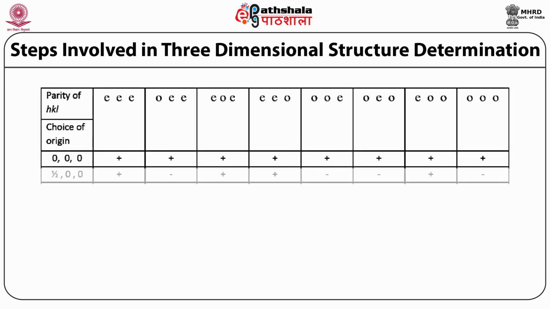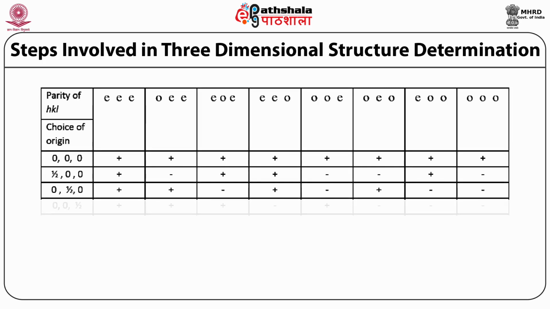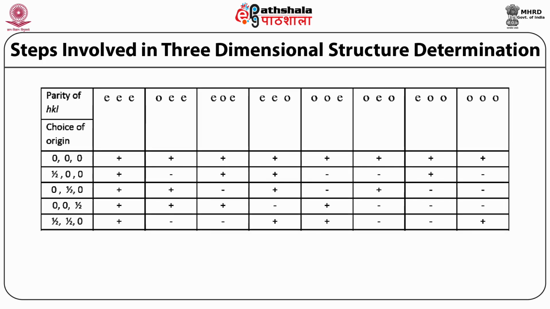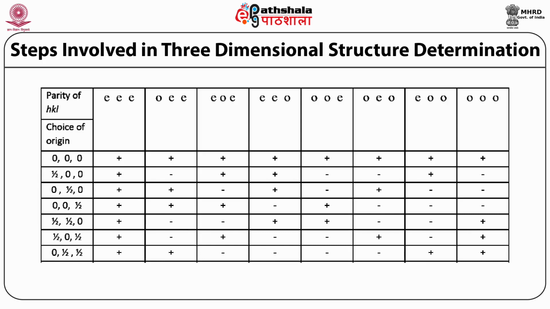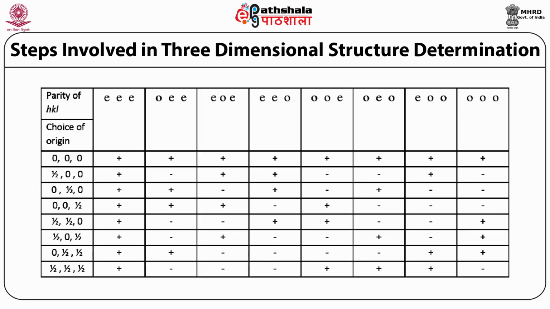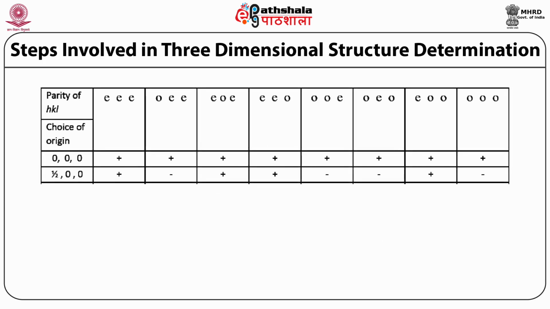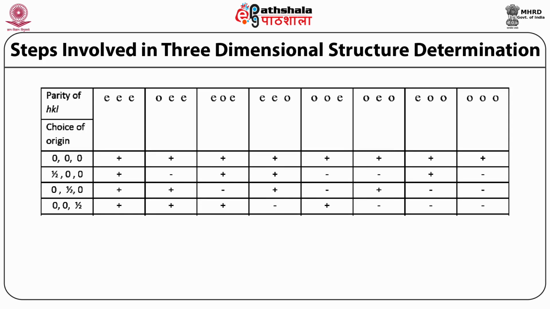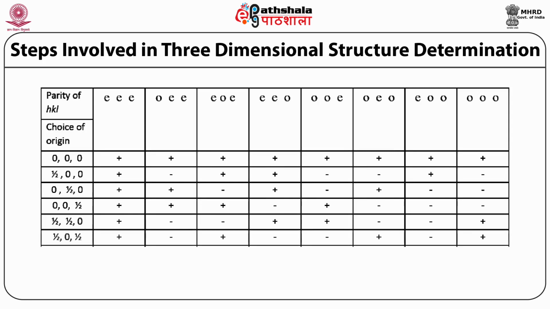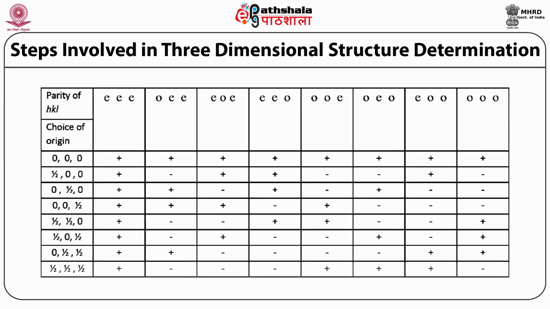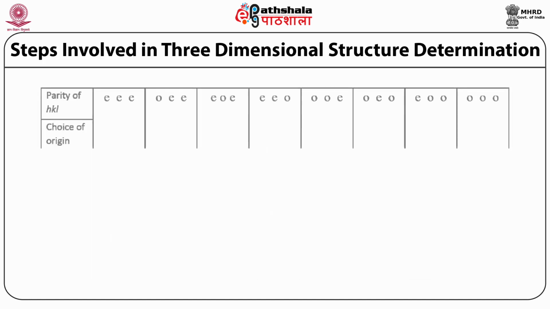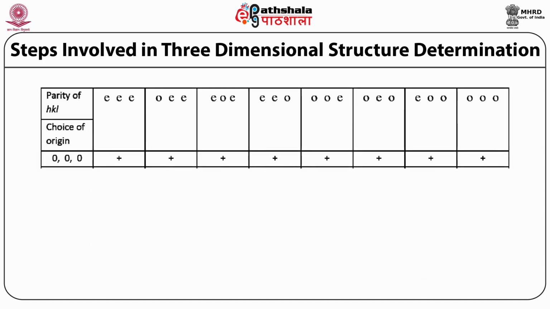So now the question is, can you take for origin definition 3 reflections belonging to even parity? What I mean by origin definition is, I choose some reflections and assign some signs in such a way that if the origin is shifting from one to another, at least for one of the reflections, the sign should change. This is known as unique fixing of origin.